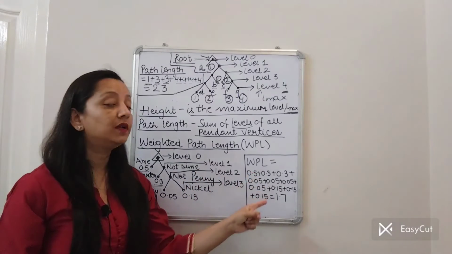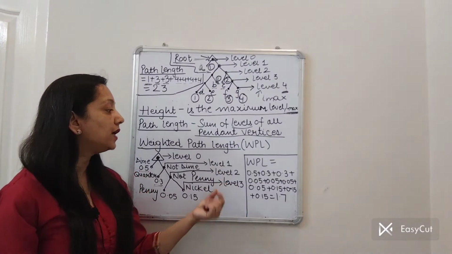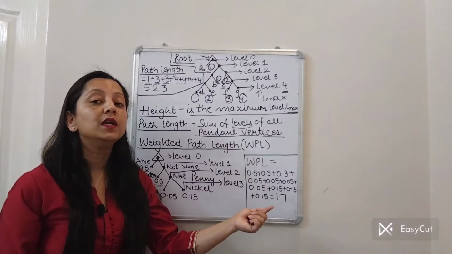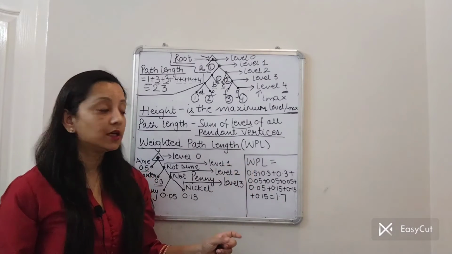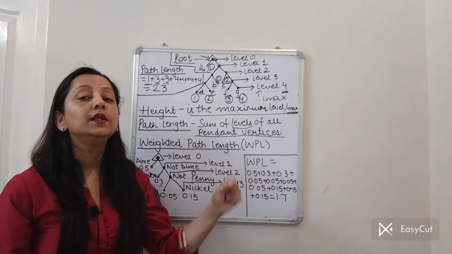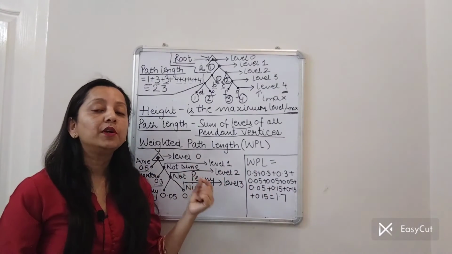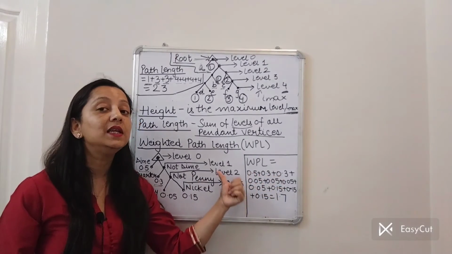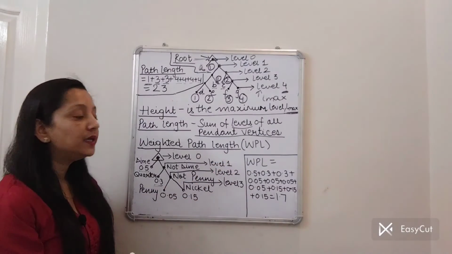Now here instead of level I will write down the weight, and the number of times I write down the weight will be equal to the level at which that particular vertex is, right? That particular weight will appear as many number of times as the level of that particular vertex. I will show you an example here.